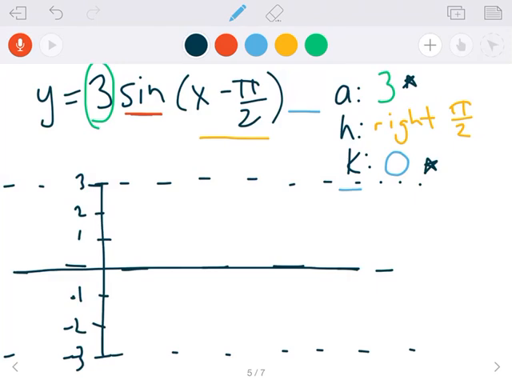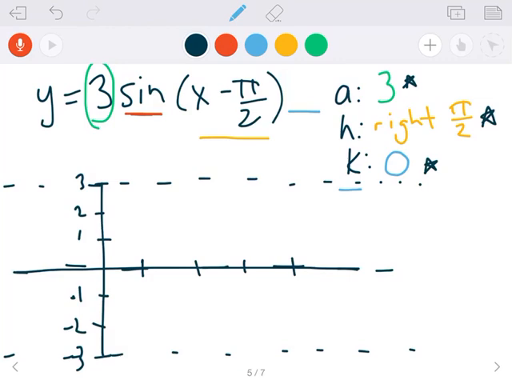Step 4, using the h value, determine the x values of the important points and be mindful of the x-axis scale. Our h shift is going right pi over 2. Normally our sine and cosine graphs are marked by pi over 2 units when we're using radians: pi over 2, pi, 3 pi over 2, and 2 pi.